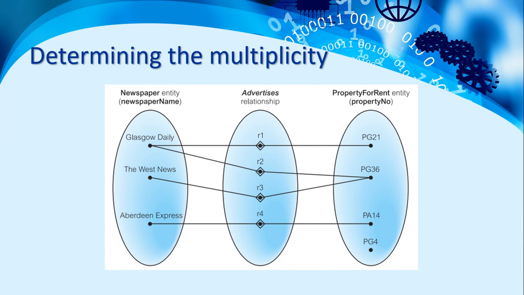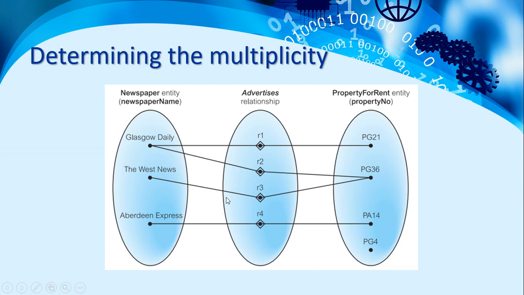However, on the property for rent side, we can notice that the PG4 property for rent is not being advertised by any newspapers. So poor thing, no newspaper advertises it.